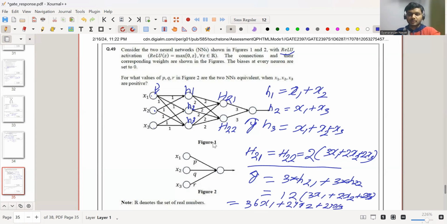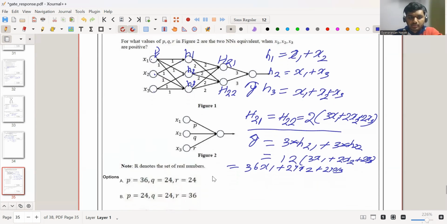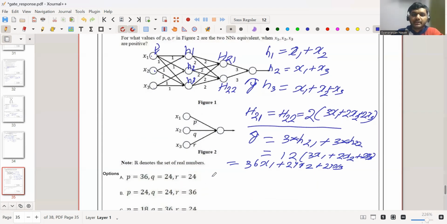Okay, so here, what is the value of P, Q and R? Here we find P value is 36 and Q value is 24 and R value is 24. So here the answer is 36, 24 and 24. Okay, option A is correct.